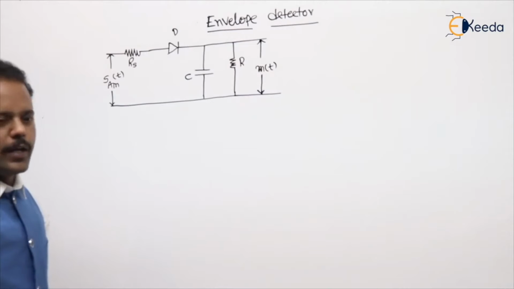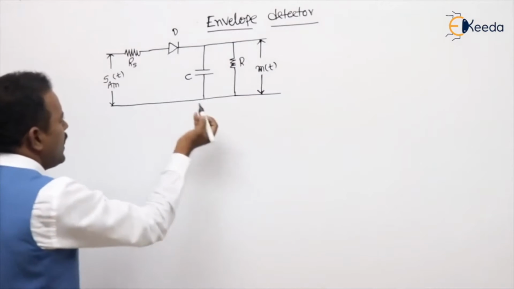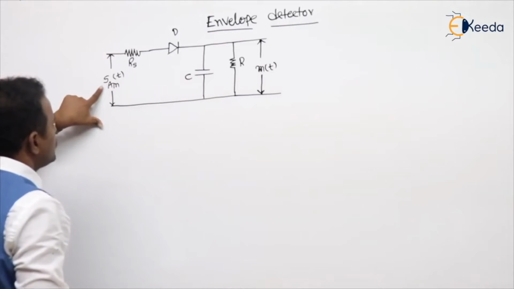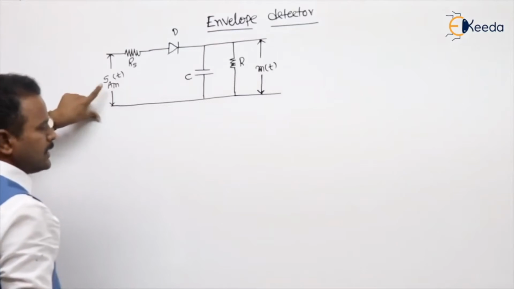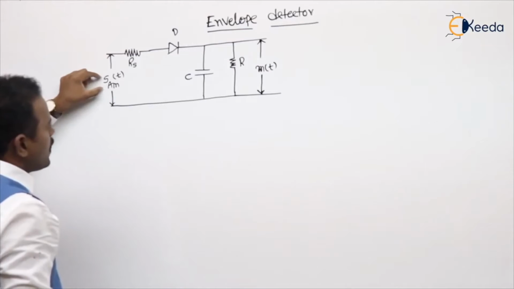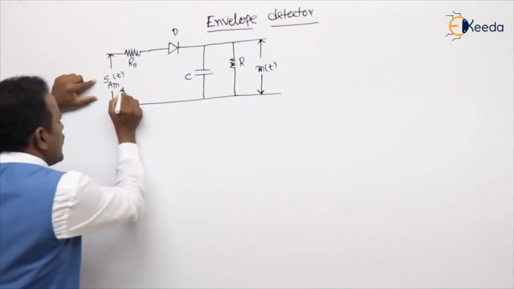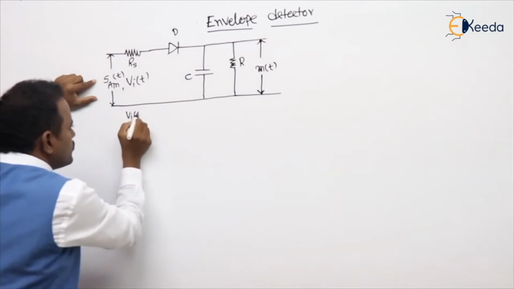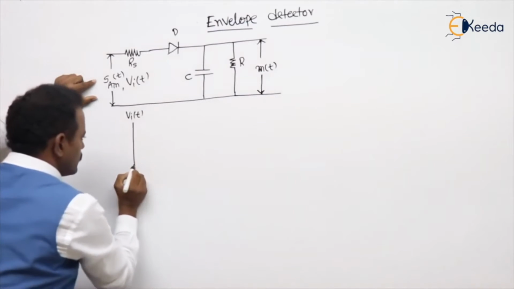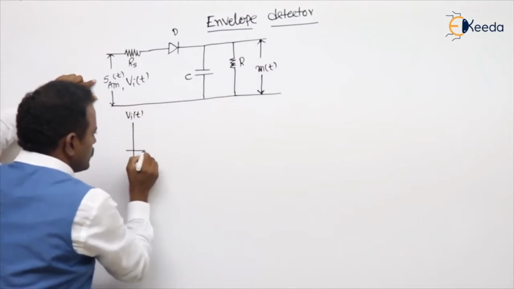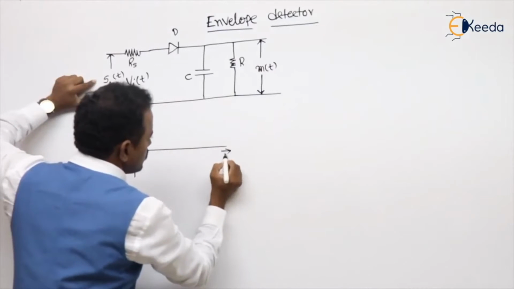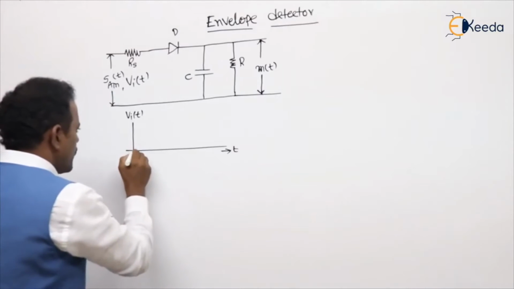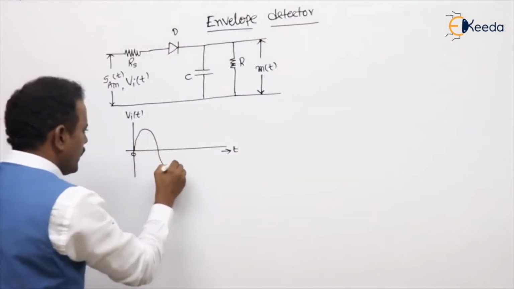We expect our message signal m(t). Are you following my point or not? Now follow. For ease of understanding, rather than taking the message, the input is a modulated signal. First I will take some Vi(t) which is shown below. This Vi(t), I am writing the black color one only.